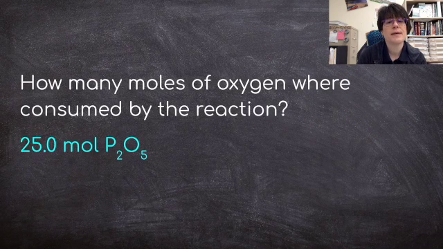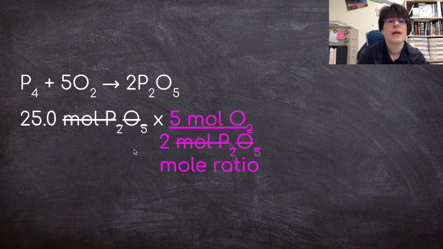Another question might be, how many moles of oxygen were consumed by the reaction? We know that we started out with 25 moles of phosphorus oxide. When we look at our equation, we know that 2 moles of phosphorus oxide are produced, and in order to produce 2 moles, we need 5 moles of oxygen.